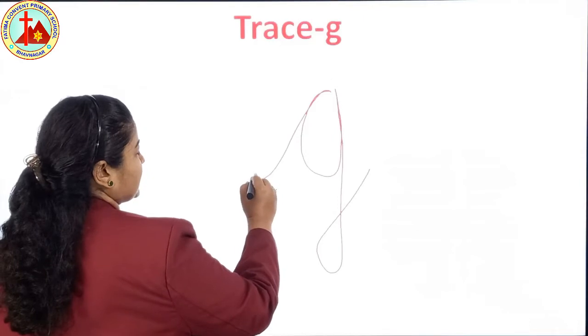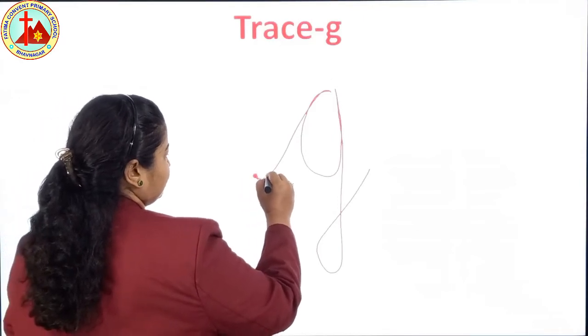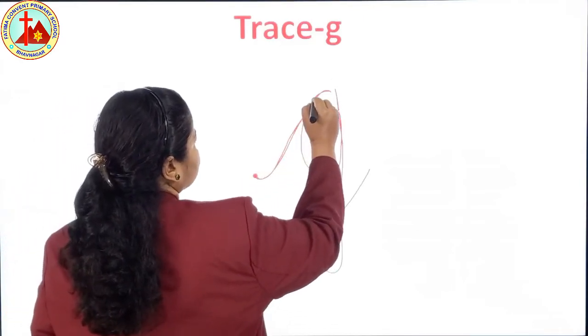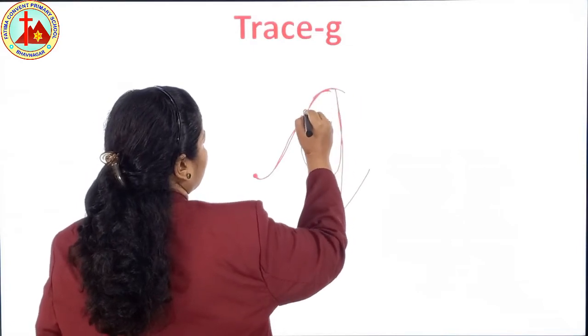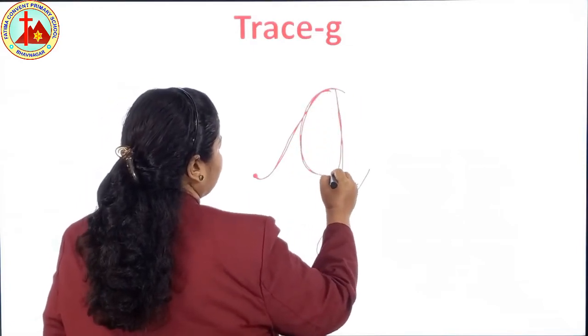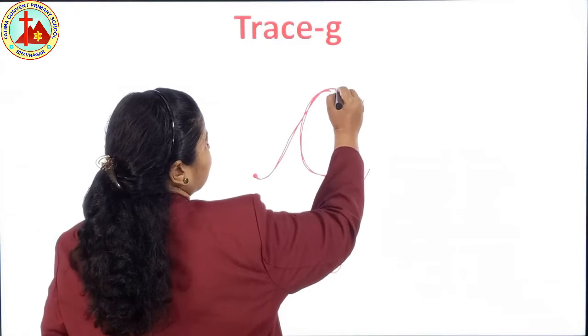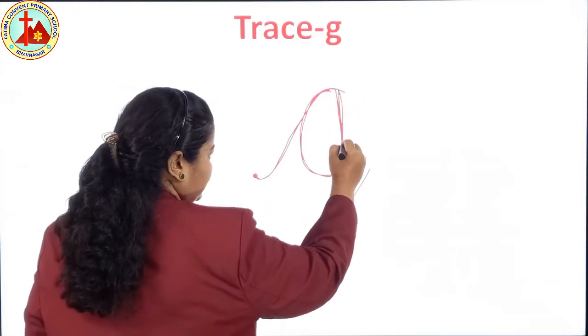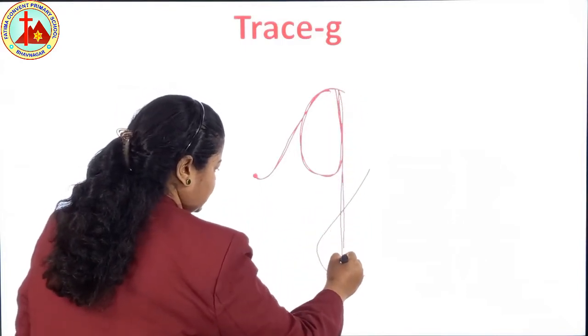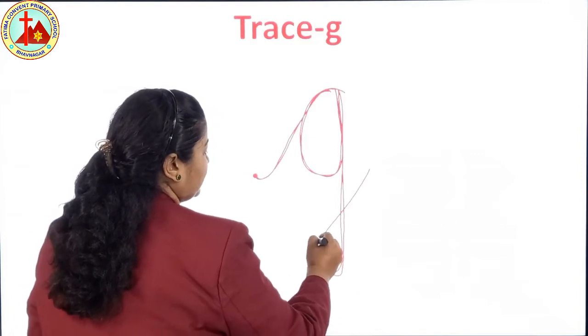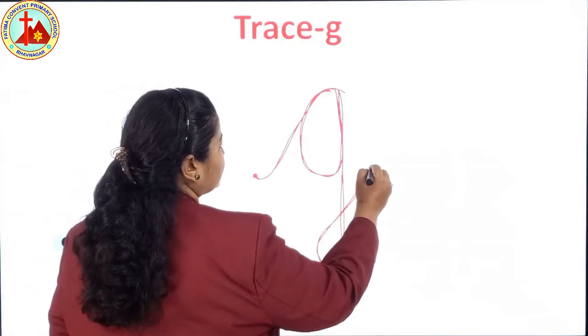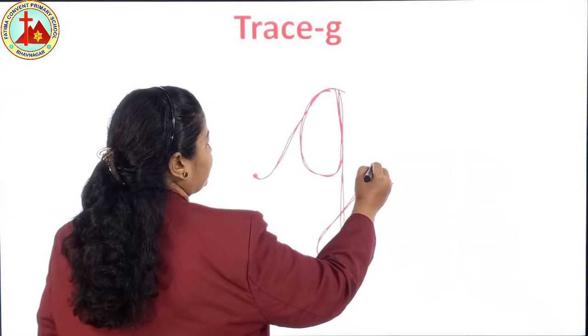Again you have to start from here. First, which letter do you have to do, children? First you have to do c. C, then circle. Then on the same line you have to come down, take a small loop and go out. And this is our ending point.